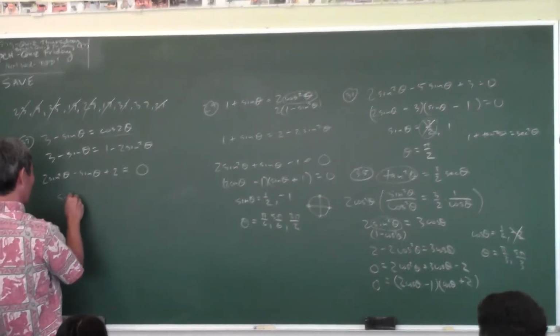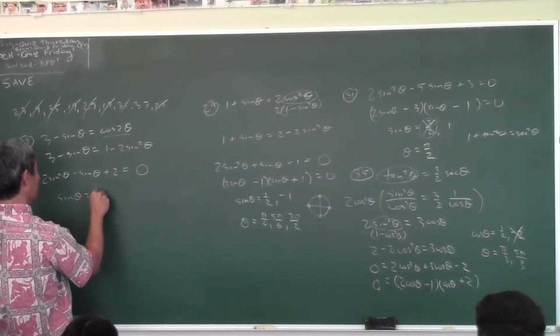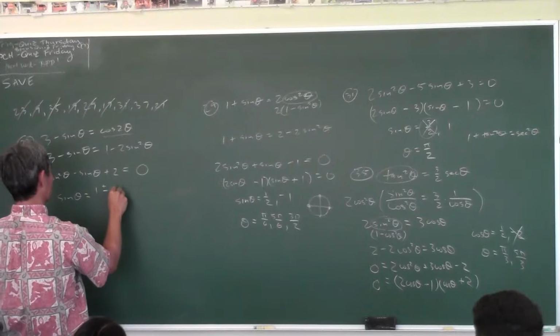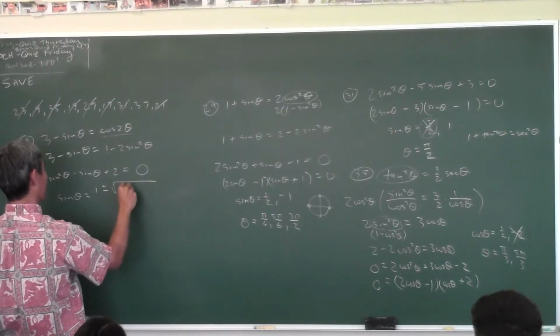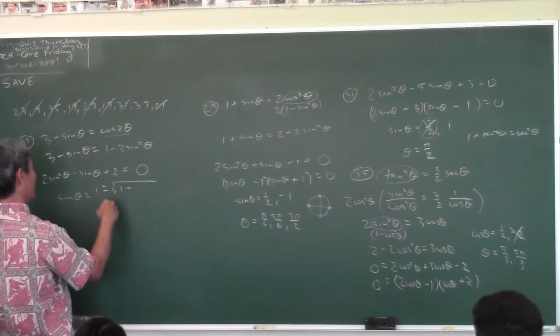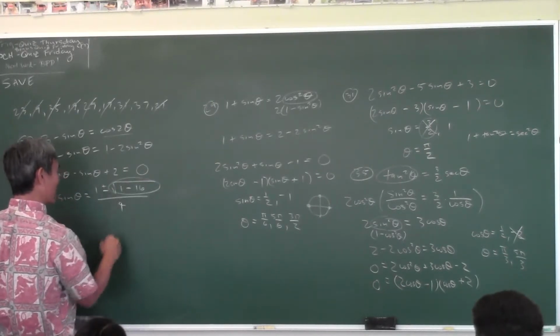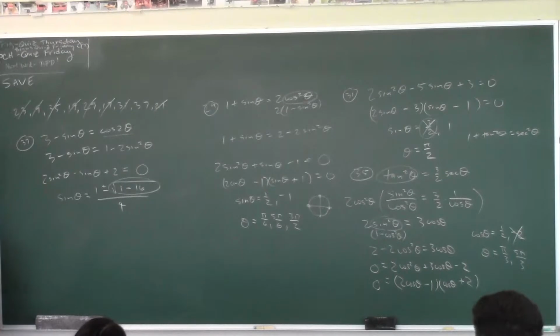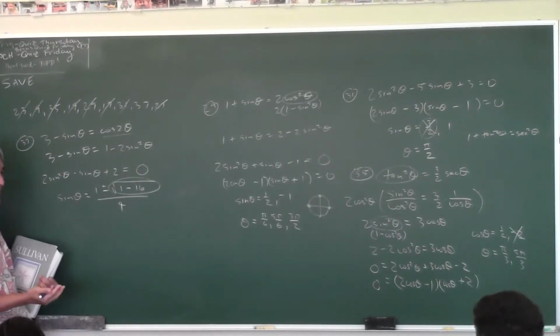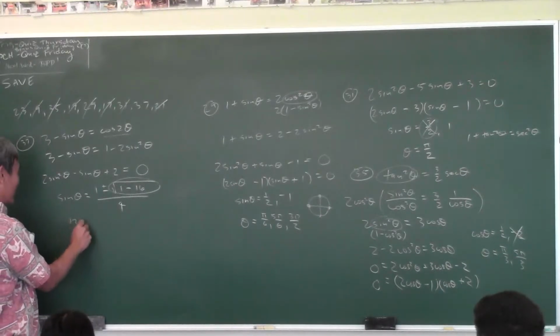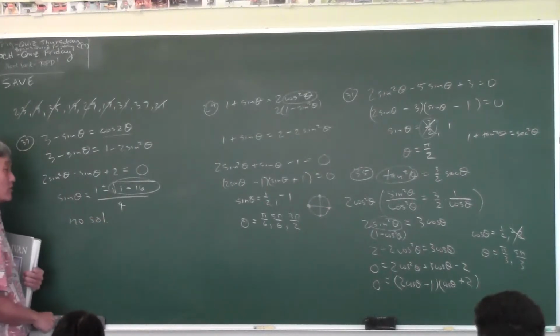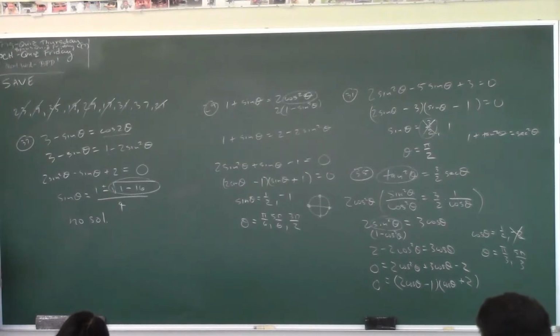So, sine theta is equal to negative b plus or minus the square root of b squared minus 4ac, which is 16, all over 2a. But what happens when you have a square root of a negative? It will be imaginary, right? So how can sine be imaginary? So no solution. Tomorrow, I'm not going to make something come out to no solution, so this problem is not going to be there. I want you to actually write down solutions.